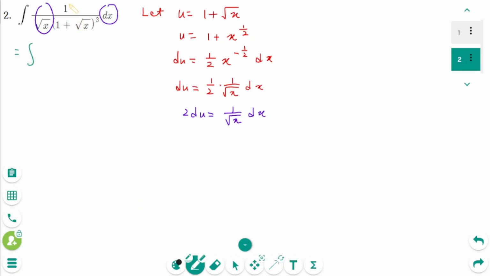The integral of 1 over u cubed, and 1 over square root of x dx is 2 times du.